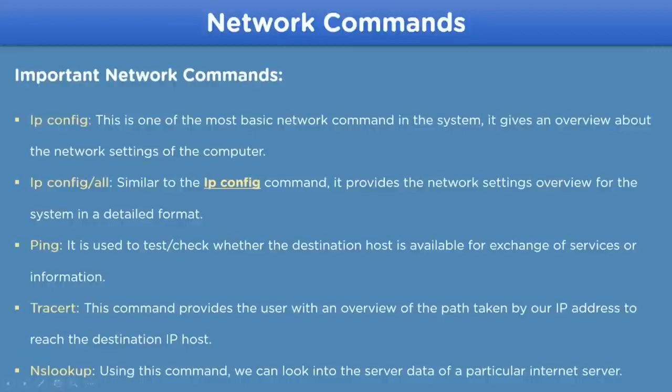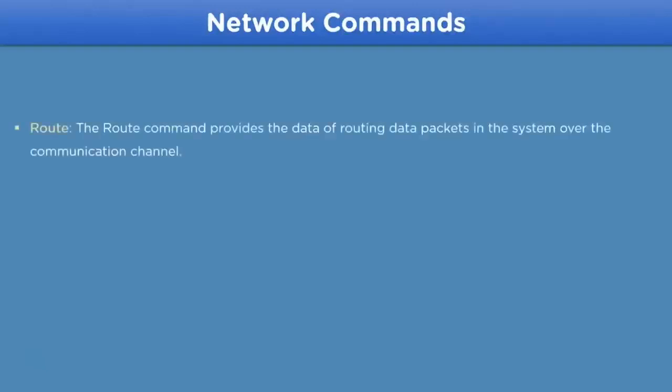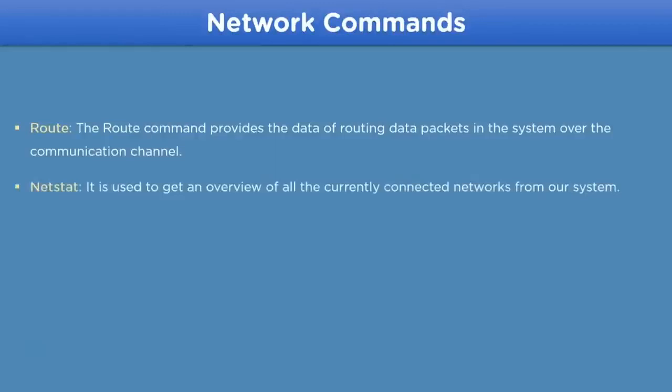Now let's look into some more network commands. Then we have route. The route command provides the data of routing data packets in the system over the communication channel. Netstat is used to get an overview of all the currently connected networks from our system. Then we have ARP.